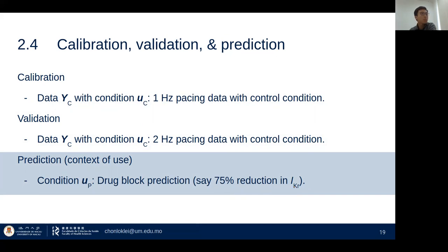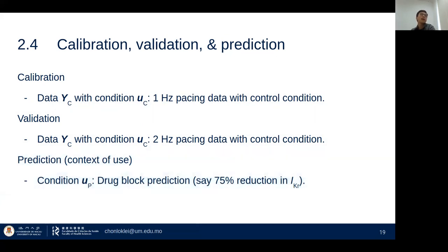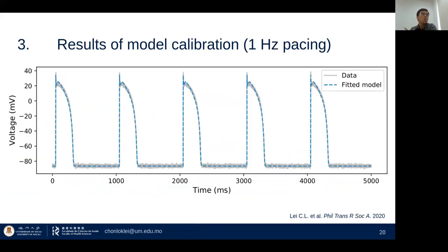Here come the results of model calibration using the 1 Hz pacing data, with 5 action potentials shown here. The synthetic data from model T is shown with the gray line, and the fitted model F is shown with the blue dashed line.